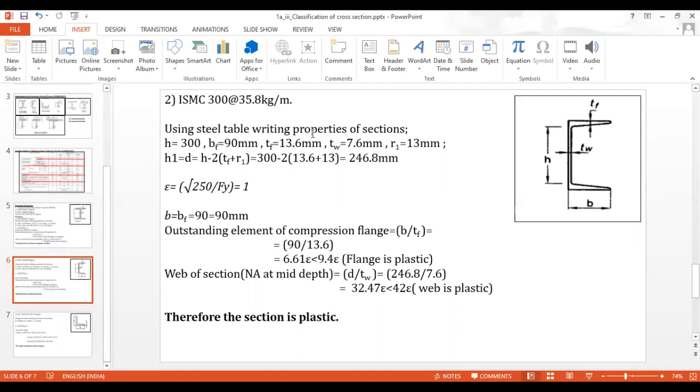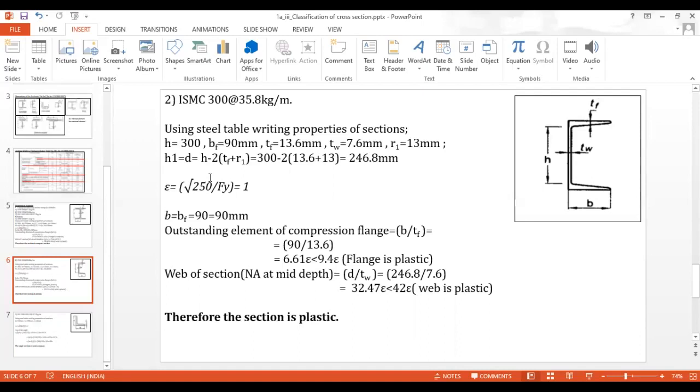As with our I section, here we have to calculate the small d, that is H1, which is equal to H minus 2 times the thickness of flange plus R1, and hence we have got our small d as 246.8 mm. Thereafter, we calculate epsilon, the square root of 250 upon Fy, and as our section has Fy equal to 250, our epsilon is equal to 1.